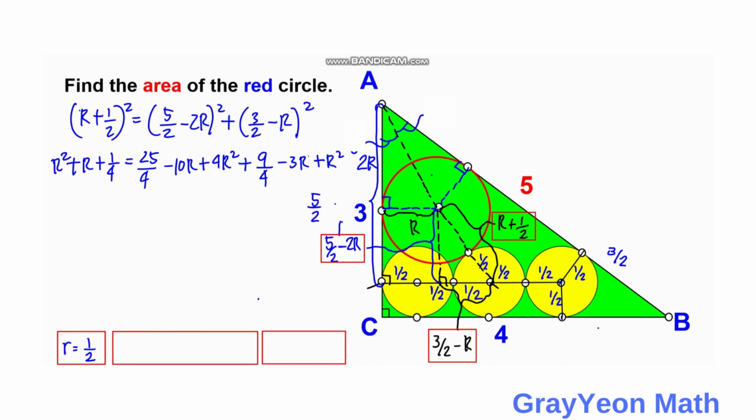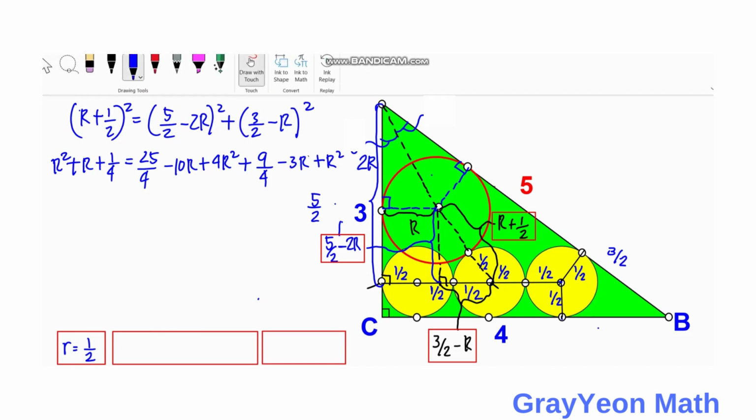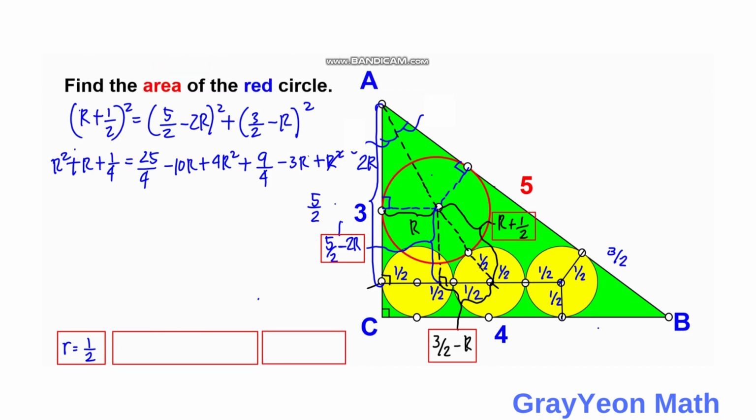And we can actually cancel out this r squared. And we can multiply all of this by 4. So we have 4r plus 1 is equal to 25 minus 40r plus 16r squared plus 9 minus 12r. And we simplify things, we have 16r squared.